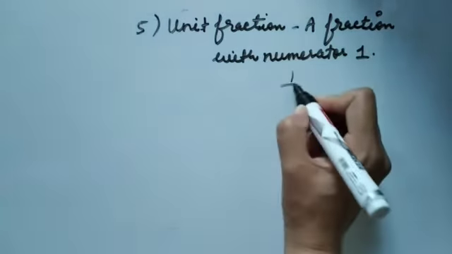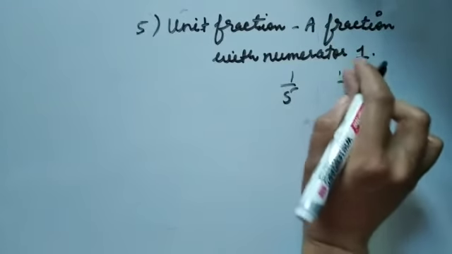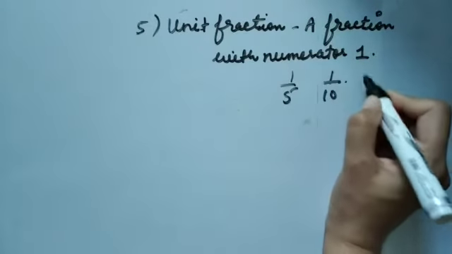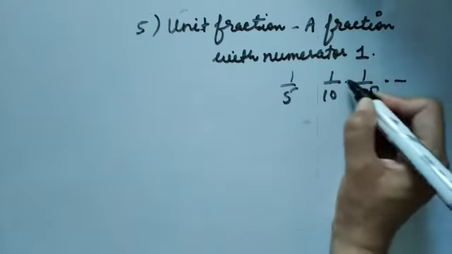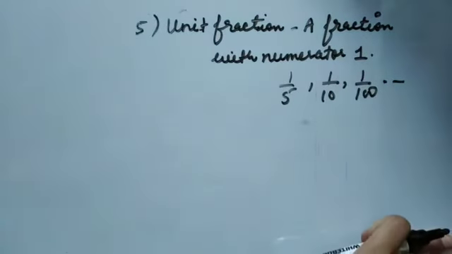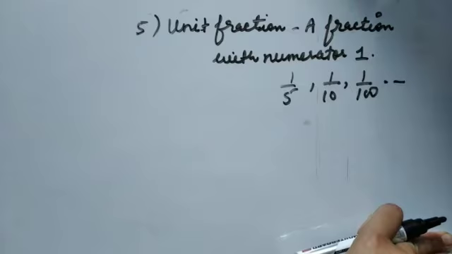For example, 1 by 5, 1 by 10, 1 by 100 and so on. These are the example of unit fraction. Any fraction having 1 as the numerator is known as unit fraction.